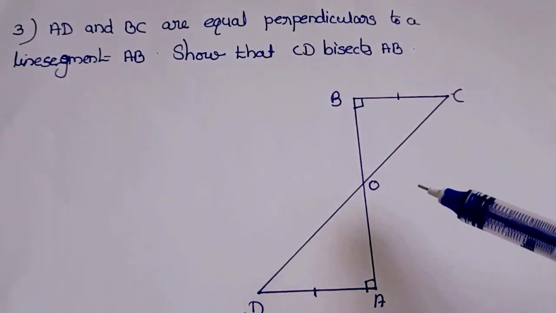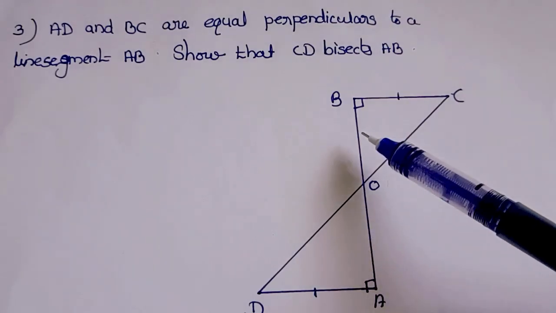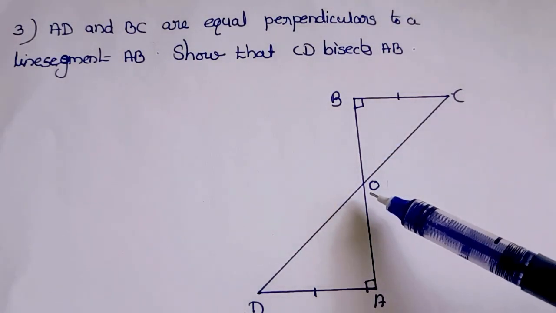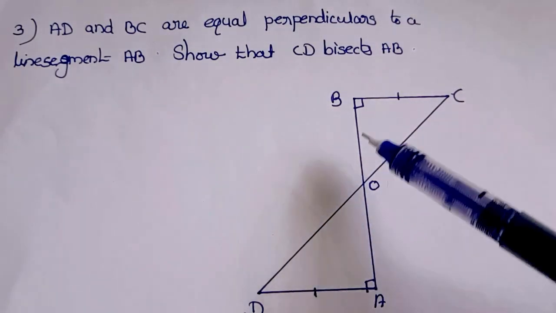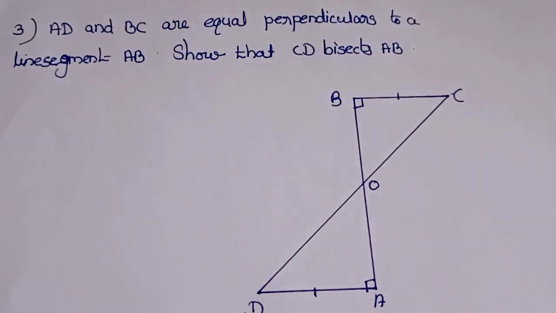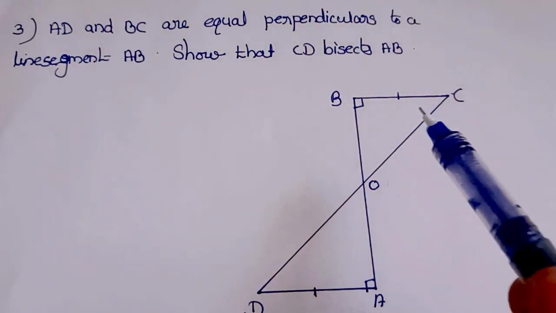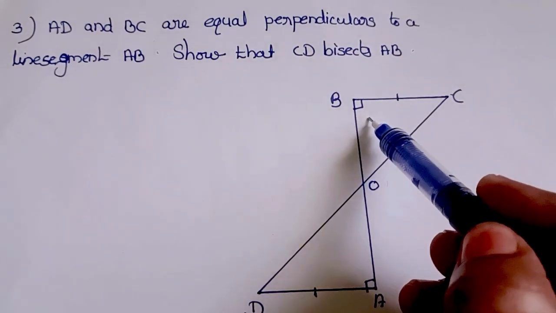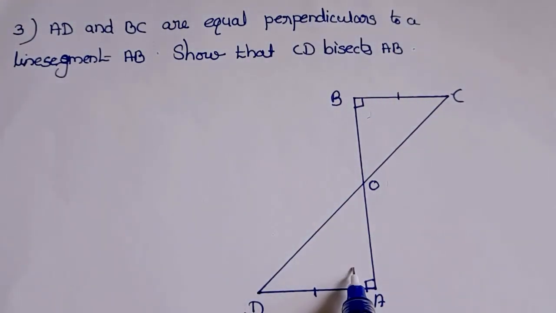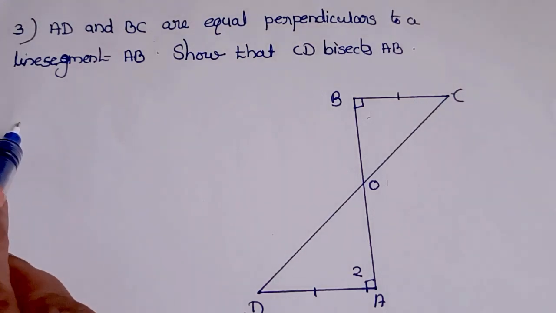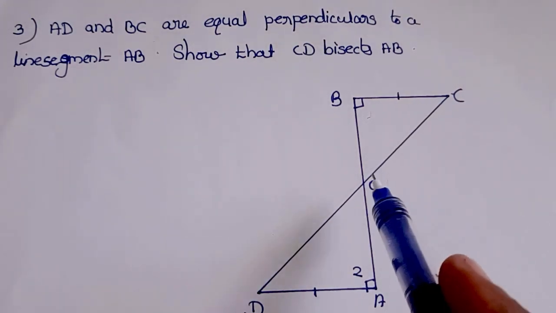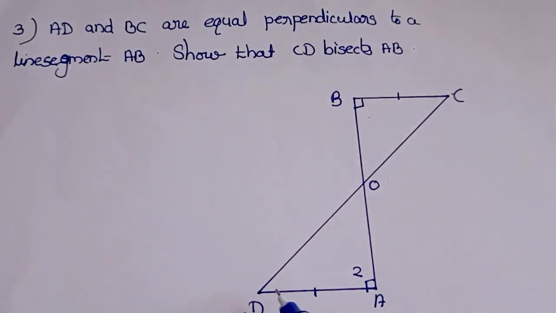That is, we have to prove that OA equal to OB, or O is the midpoint of AB, then CD bisects AB, isn't it? Now we have given that AD equal to BC and angle 1 equal to angle 2, reason both 90. So now we have to take triangles OBC and OAD.